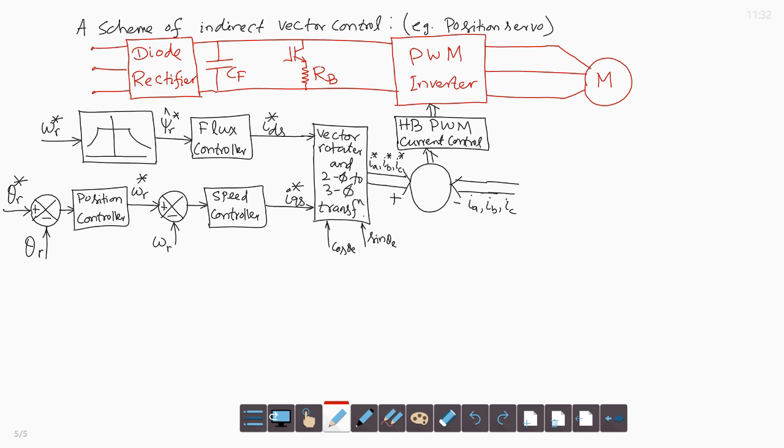We have the current sensors for the 3-phase current sensing. We have filters if required, which give the filtered currents.